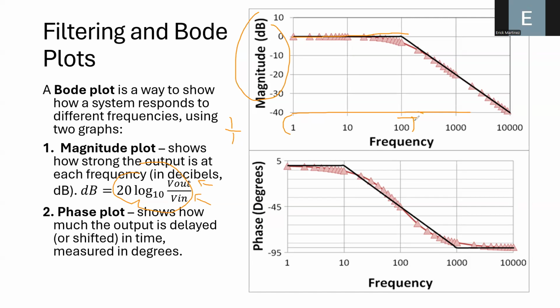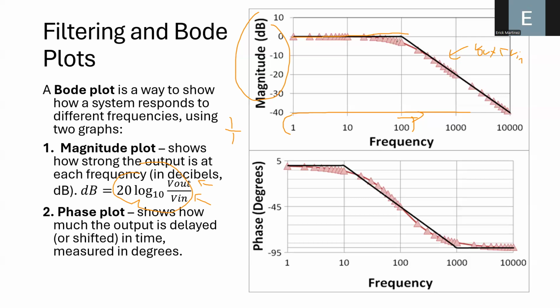But as you increase in frequency, you will notice that the signal starts to be attenuated, okay? How do we know that? Because the decibels start to decrease. This means that the relationship between the output and the input voltage gets lower. In other words, in this region, the amplitude of the output voltage is lower compared to the input voltage, okay?